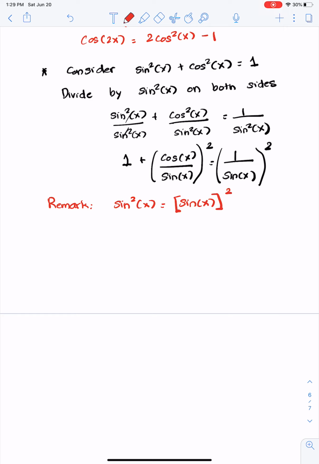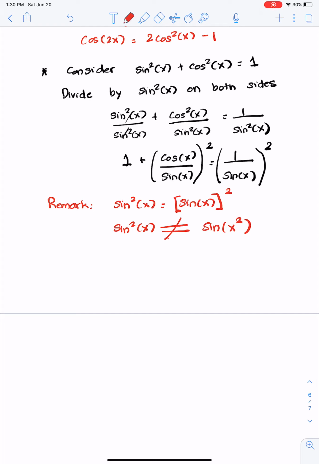If we have sine squared of x, it simply means sine x, and the entire thing is squared. It's not equal to sine of x squared. Do not make that mistake. So sine squared x simply means sine of x, the entire thing squared. So the second statement is incorrect.